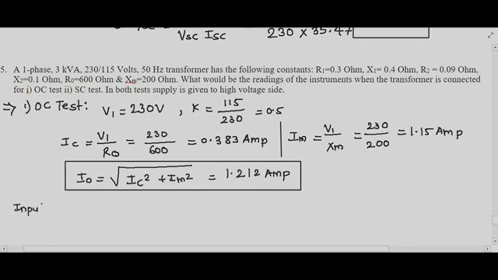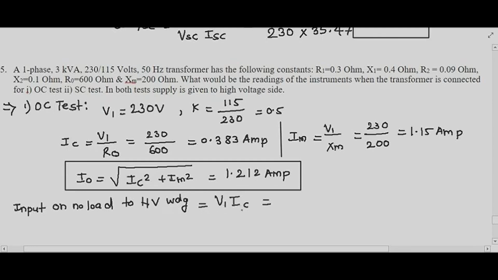I will write down: input on no load to high voltage winding equals V1 into IC. V1 into IC. What is IC? IC is nothing but I0 into cos of phi 0. We know that input on no load to the high voltage winding is V1 I0 cos of phi 0, right?